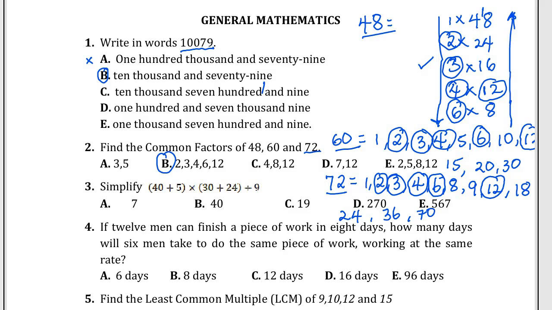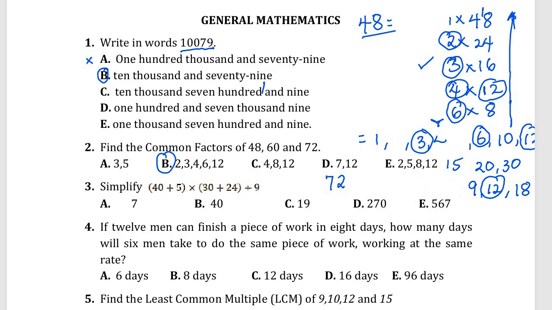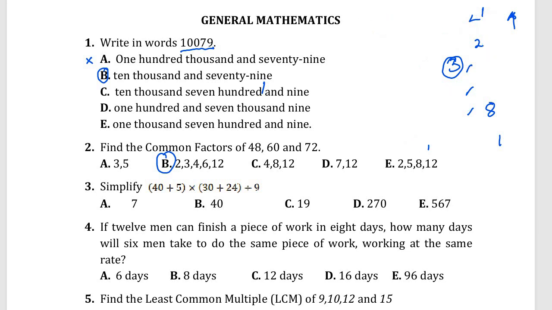Alright, so I'm going to wipe the board so we can look at question number 3. Question number 3 says, simplify (40 plus 5) times (30 plus 24) divided by 9. In all you do, you must use board maths.